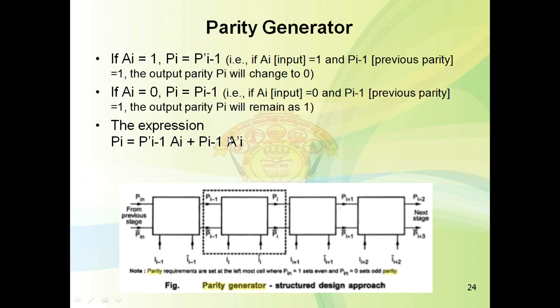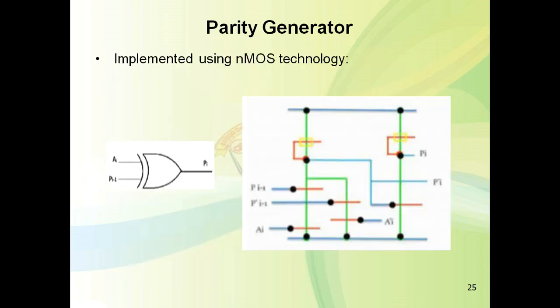Okay, so how to implement it? It is a simple technique: by making the XOR of the previous parity P(i-1) and the current input Ai, we can generate the parity for a single bit.